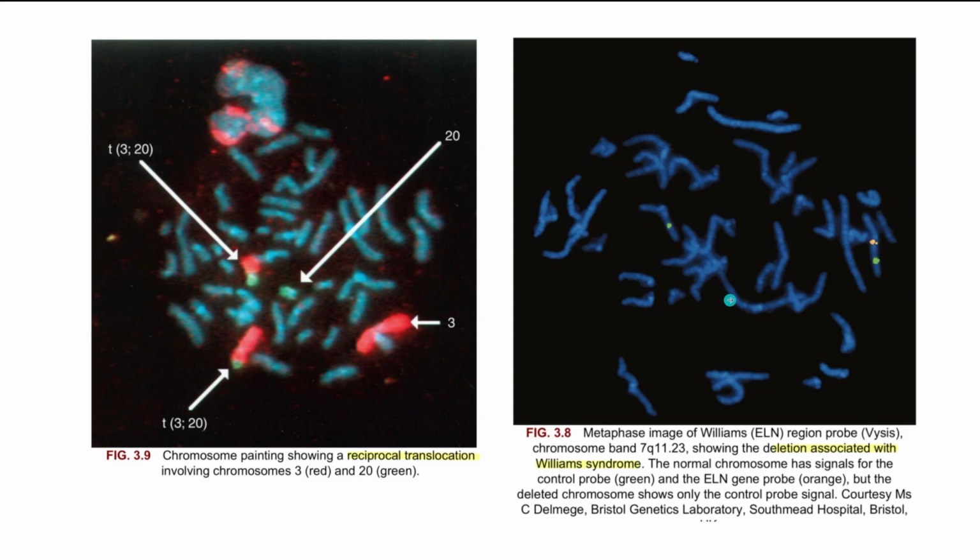Then we added our orange probe and we're looking for the microdeletion. If there's a microdeletion in, for example, one chromosome, the orange probe would light up if it found that gene. But if it didn't find the gene, then that means that gene is deleted. So you can see here, we found the microdeletion. There's no actual deletion here, right?